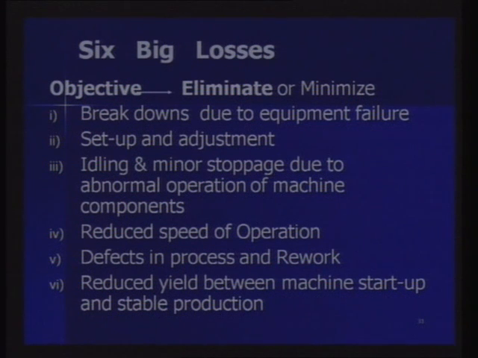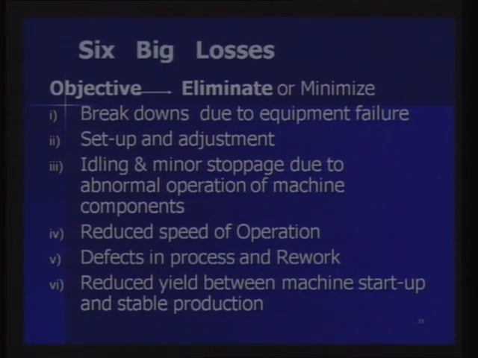Basically, it tries to eliminate six big losses. So the objective is to eliminate or minimize these six big losses. What are these losses? First one is breakdown due to equipment failure. This is one kind of time loss. Second is setup and adjustment.